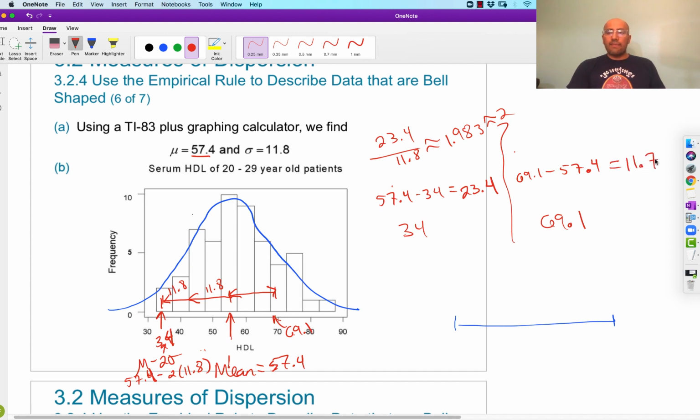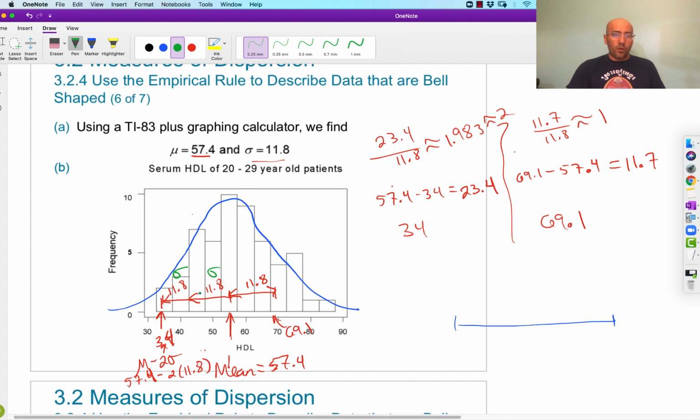And then again, that's really, really close to 1 sigma. So if I divide 11.7 by 11.8, it's really close to 1. So this is really close to 11.8, and remember the 11.8s, those are sigmas.